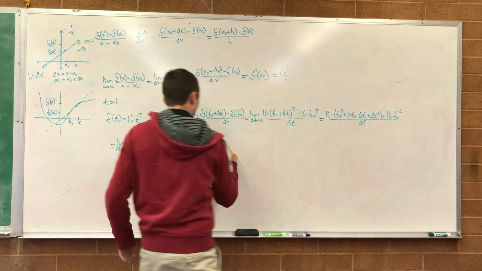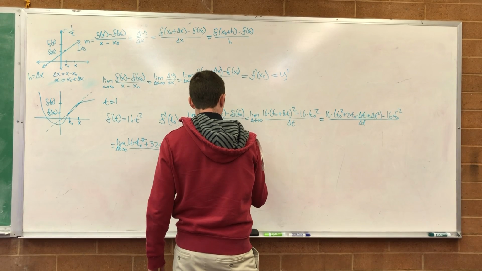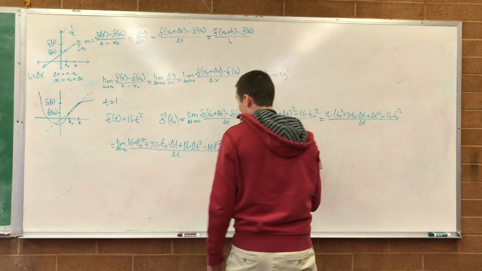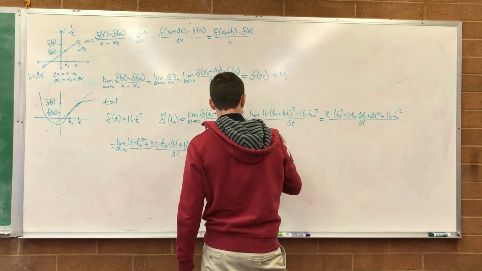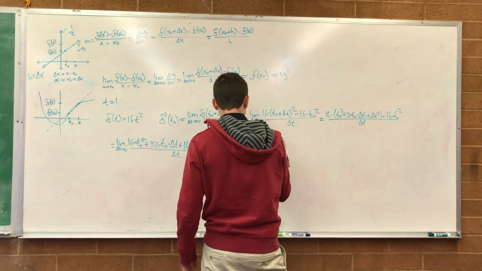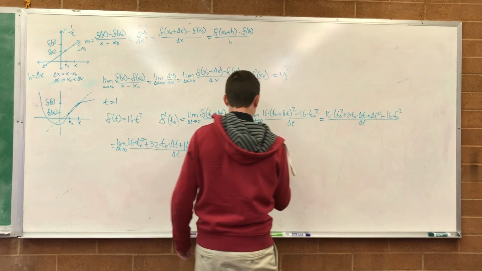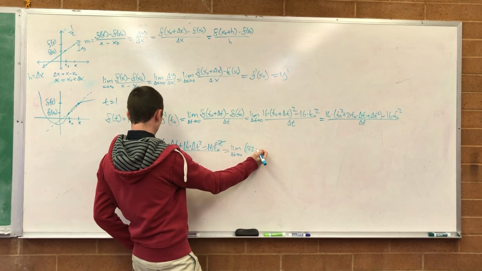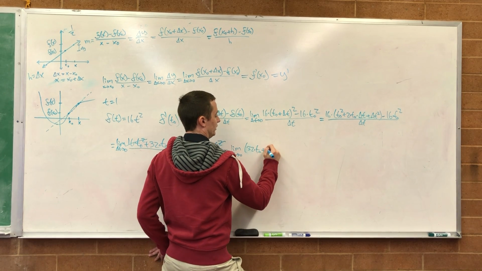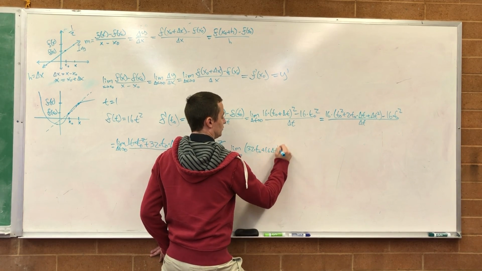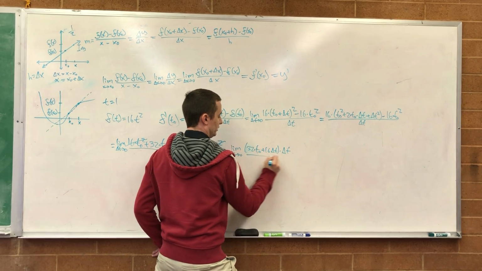So this is going to equal the limit as delta t goes to 0 of parentheses, because I'm factoring out delta t, 32 t naught plus 16 delta t, times delta t, all over delta t.